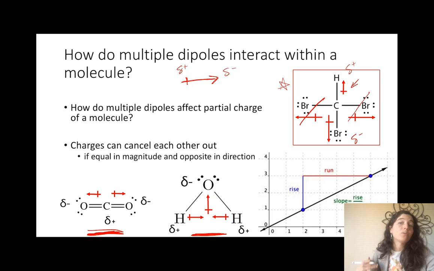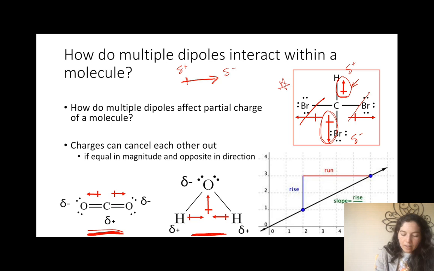They're different magnitudes, different lengths, and that matters. So this hydrogen one is smaller than the bromine one, indicating that bromine is pulling more. So we have this difference in magnitude of the pulling of electrons.